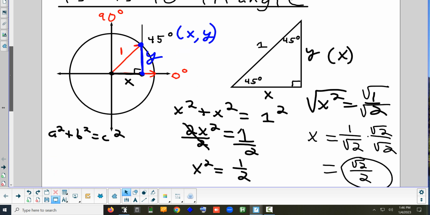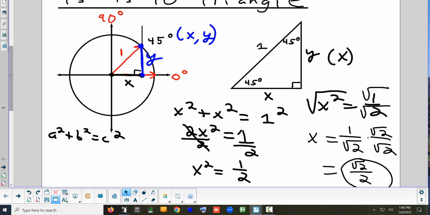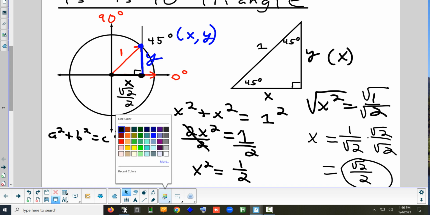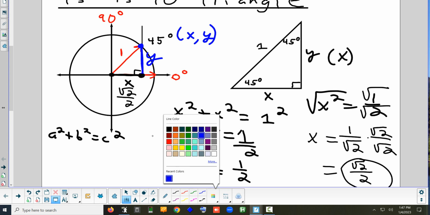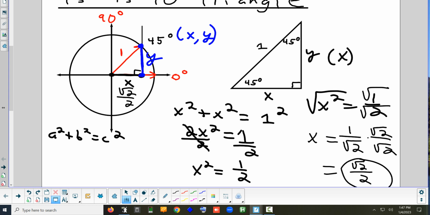Okay, so now we can label each of these sides. The length of the bottom side from here to here is square root 2 over 2. And since the height is the same, because it's isosceles, the distance from here to here is also square root 2 over 2.